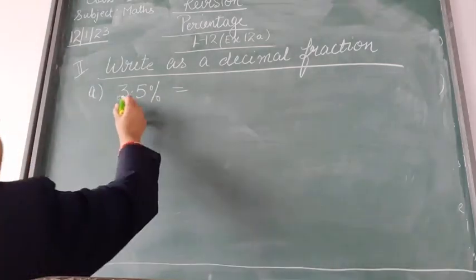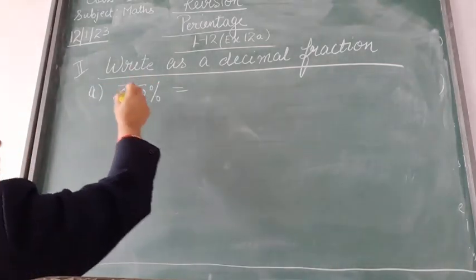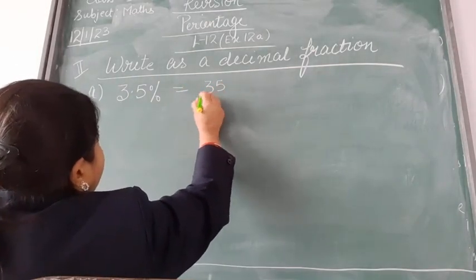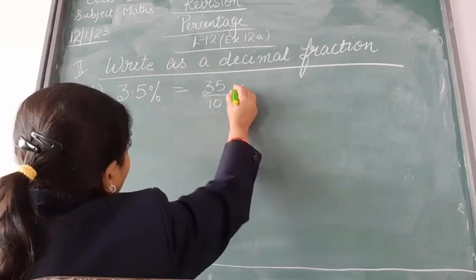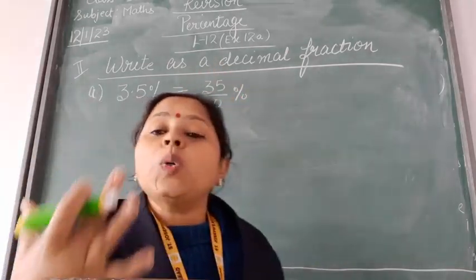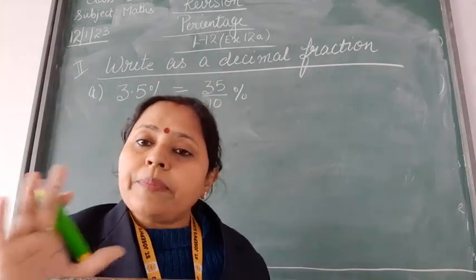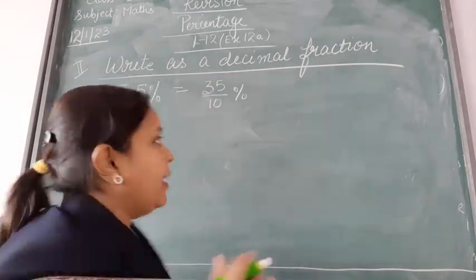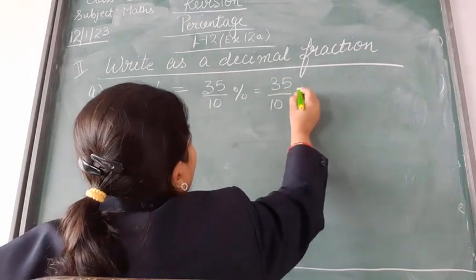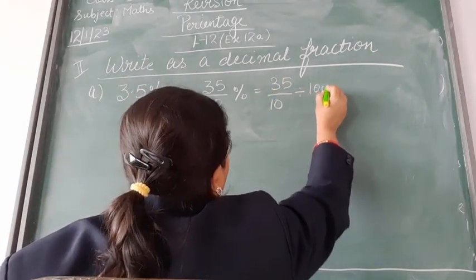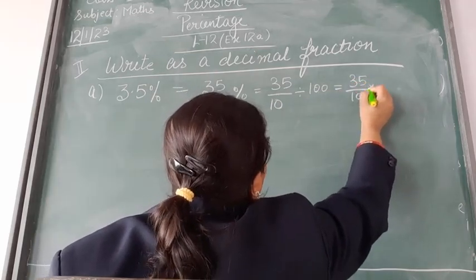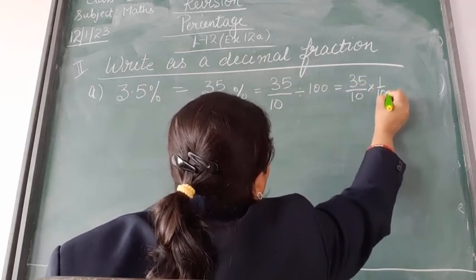First of all, this percentage itself is written in decimal fraction. So 3.5 we can write as 35 by 10%. 35 by 10% means 35 by 10 out of 100, or 35 by 10 divided by 100, which can be written as 35 upon 10 multiplied by 1 upon 100.